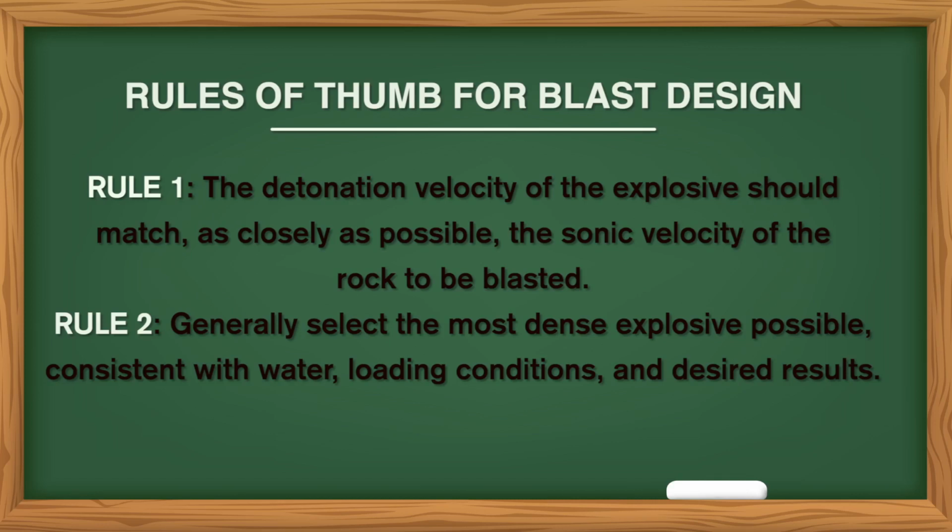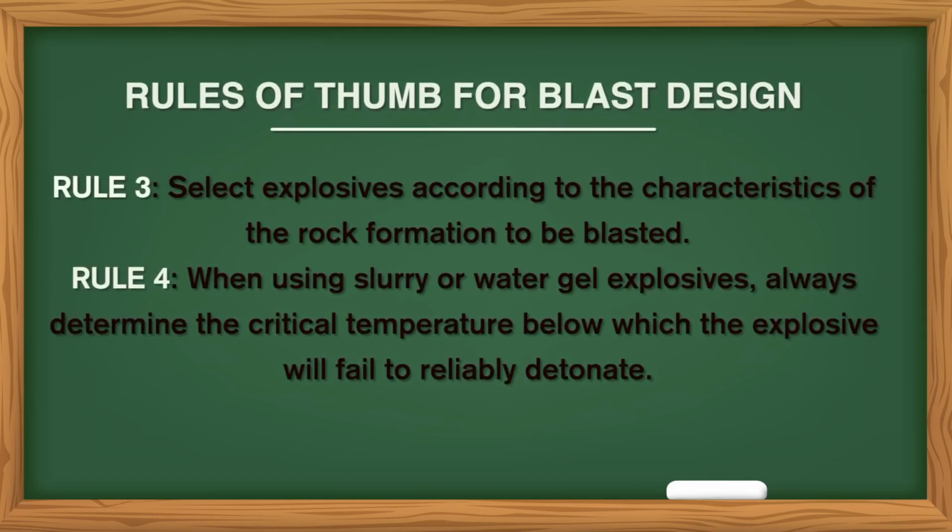Rule 2, generally select the most dense explosive possible consistent with water loading condition and desired result. Rule 3, select explosive according to the characteristics of the rock formation to be blasted. Rule 4, when using slurry or water gel explosive, always determine the critical temperature below which the explosive will fail to reliably detonate.